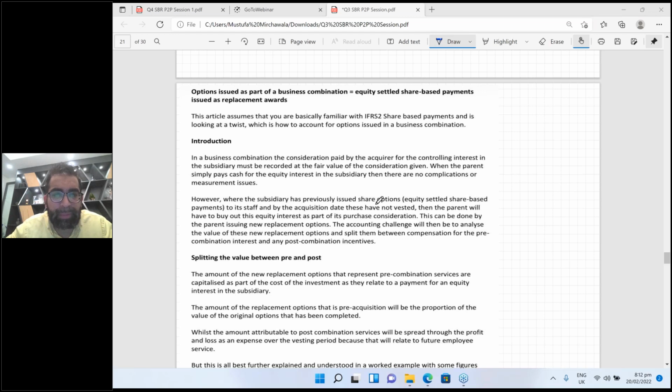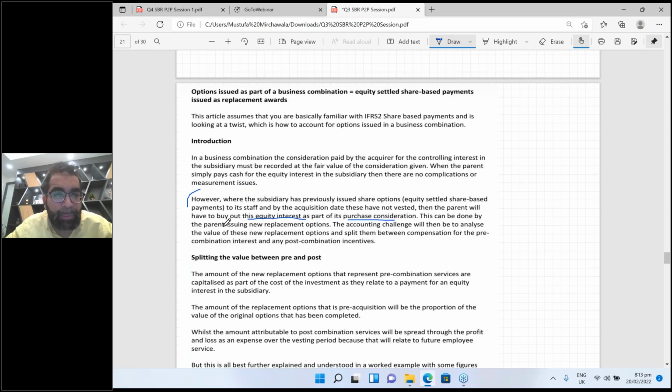However, where the subsidiary has previously issued share options, this is the case which we were studying. The first paragraph was irrelevant. This is the real case. However, where the subsidiary has previously issued share options, equity-settled share-based payments to its staff, and by the acquisition date these have not vested, see that special case, then the parent will have to buy out this equity interest as part of the purchase consideration.